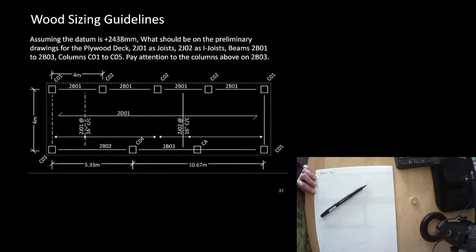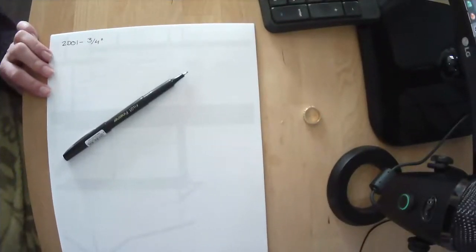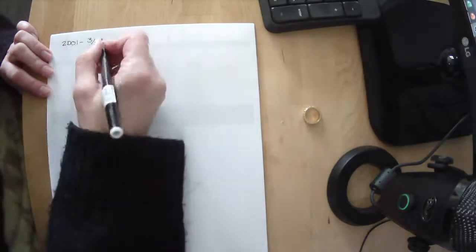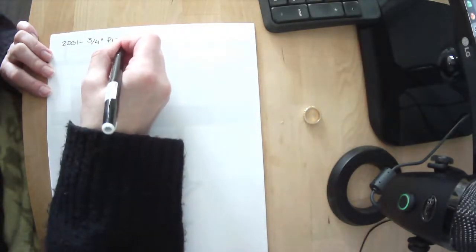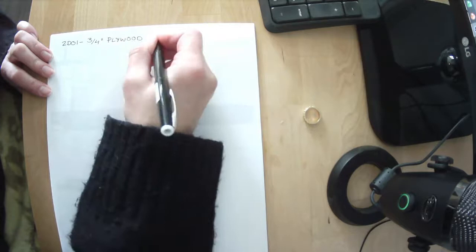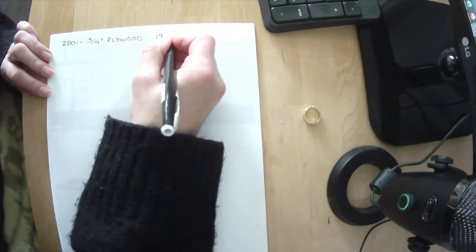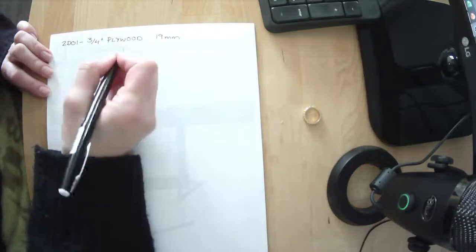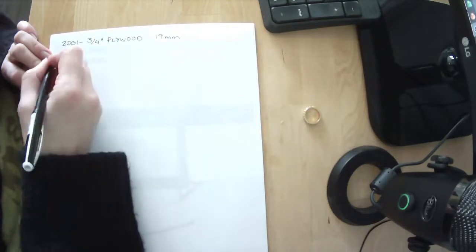Look at me. You can't see what I'm writing. It's going to be 3/4 inch plywood. You might see that written as 19 millimeter plywood. It's going to be supported at 16 inches on center.